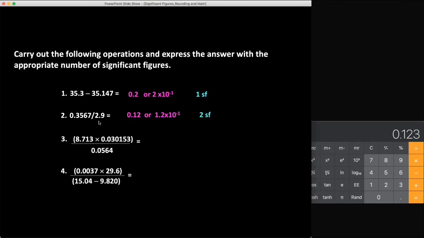I'm dividing, so I want the least amount of sig figs. 0.3567 has 4, 2.9 has 2, so I wrote 0.12 for my final answer. There's a 3 behind that 2. You see that in the calculator, so therefore I did not need to round up 1. And then you can also write that in scientific notation, such as 1.2 times 10 to the negative 1.